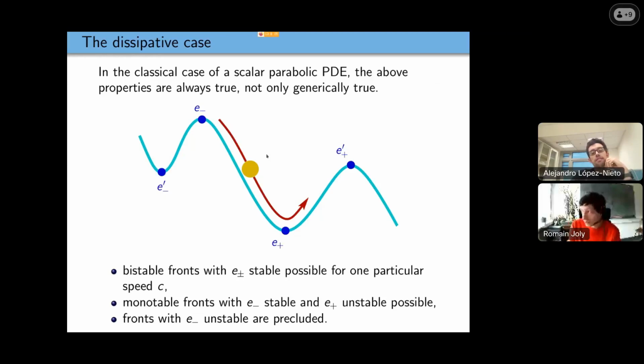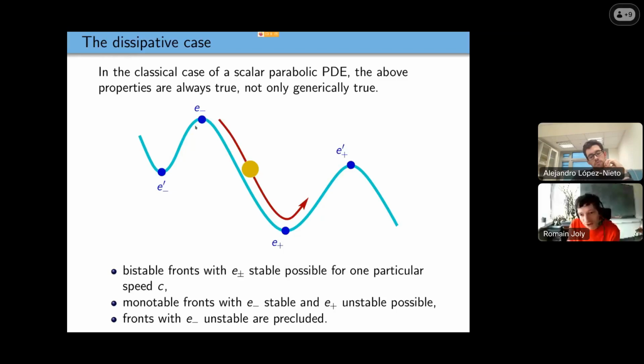If I look at traveling fronts in the usual scalar parabolic equation, what I'm playing is a game: I let the ball roll, starting from a stable equilibrium, so a local maximum of minus V, and I want to brake enough so that I will finish at another equilibrium point. So if I'm considering a bistable front, I have to brake exactly the correct way to stop here.